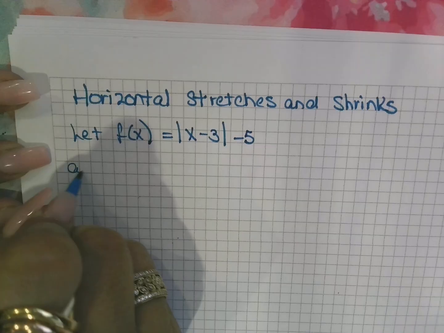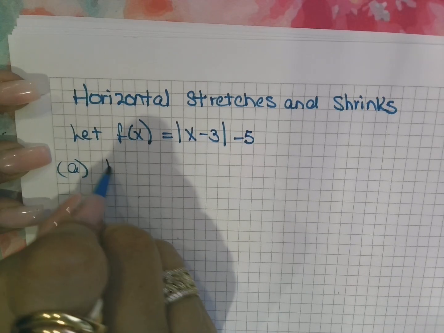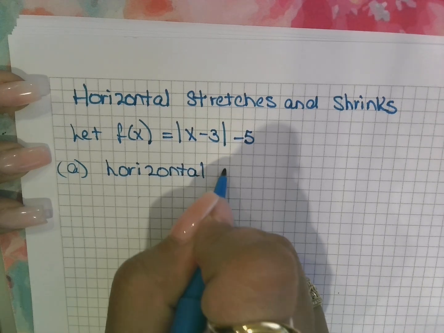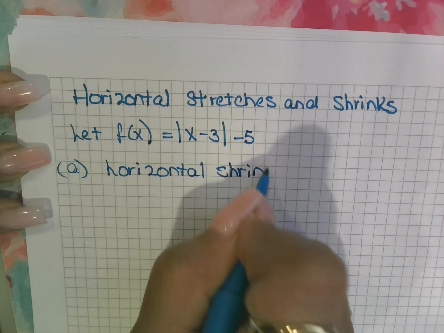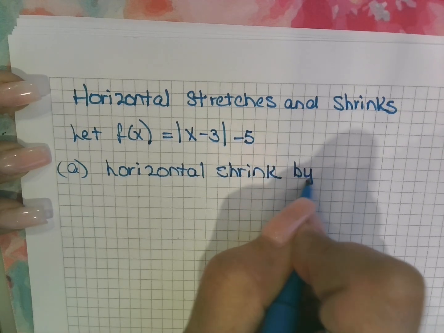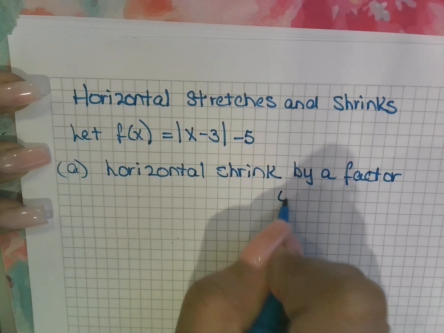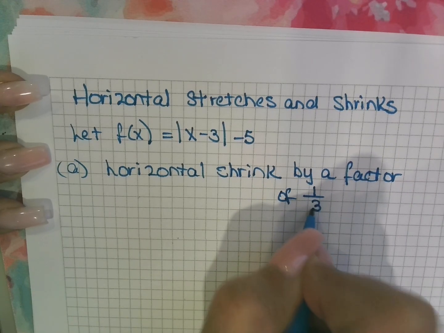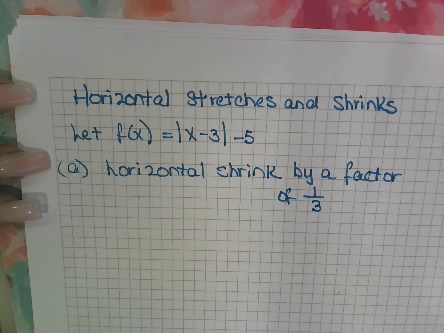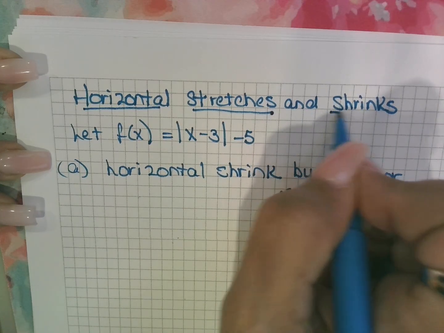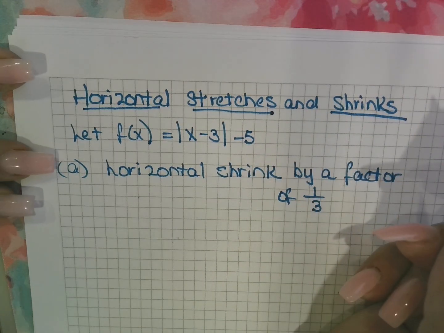And we want a horizontal shrink by a factor of 1/3. Now, horizontal shrinks are like horizontal translations.